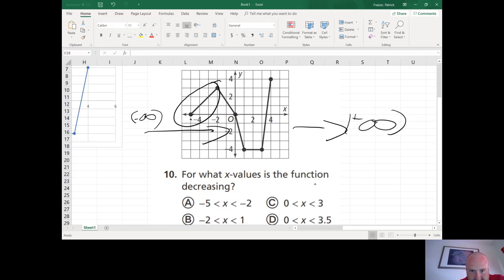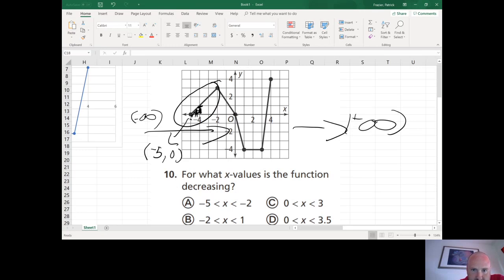because you see this input at -5 corresponds to 0. So that's the ordered pair -5 and 0. But then at the next ordered pair over here, when x equals -4, we've gone up.